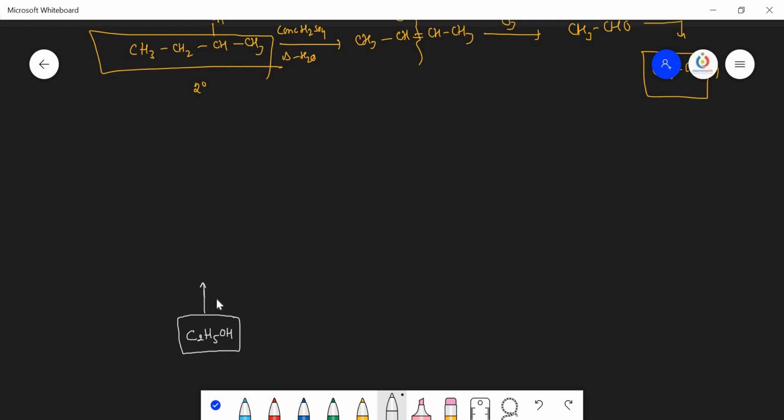If it is oxidized with any mild oxidizing agent, like PCC or PDC, what must be the product here?